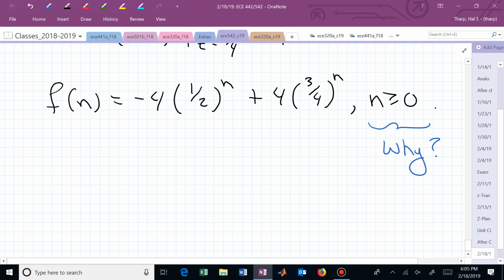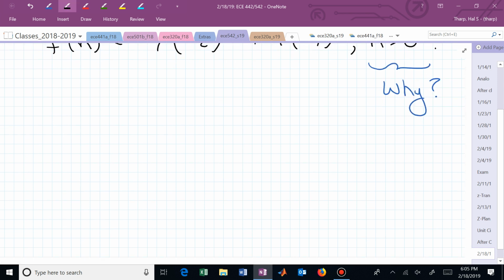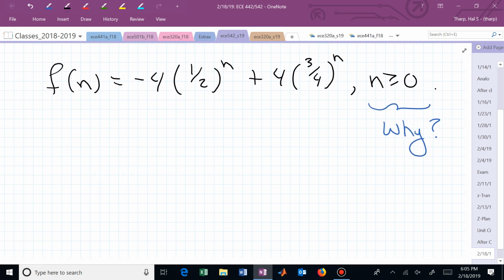Everybody have an explanation for that? Yes? No? What do you remember? Do you remember the definition of the Z-transform? Can you fall back on the basics? So let's remember the definition.